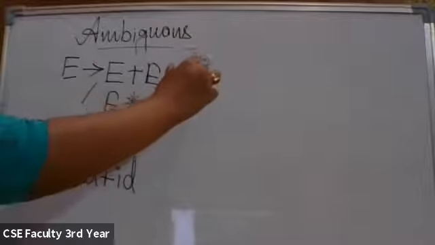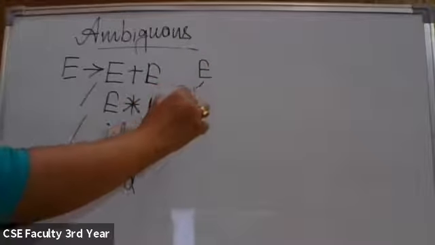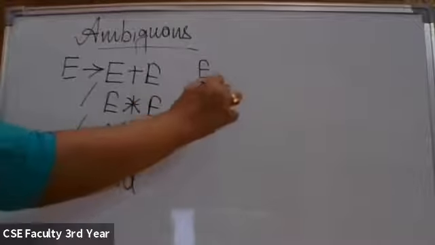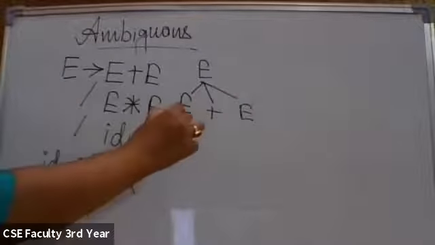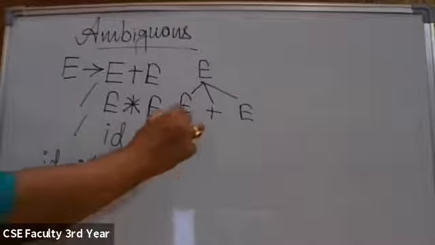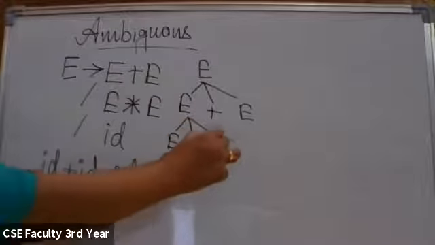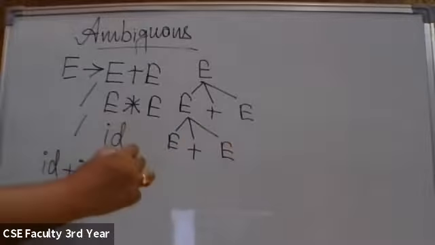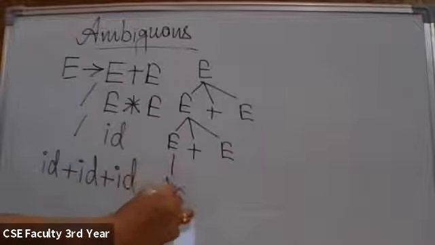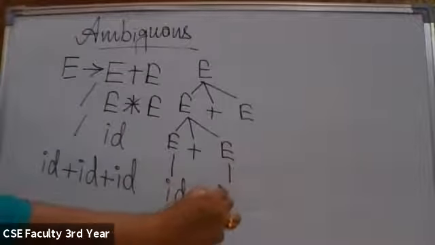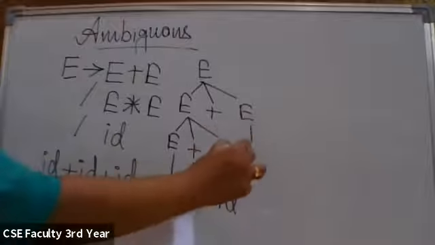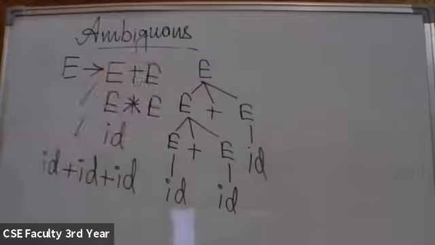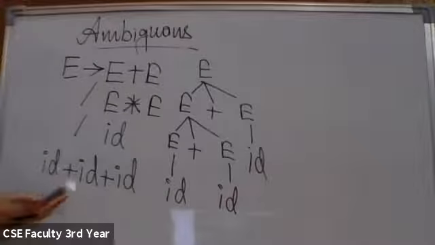So one parse tree can be E derives E plus E, and then you can expand this E, ID, ID, and ID. So this is one of the parse trees that we can get for this input. How do we get it?